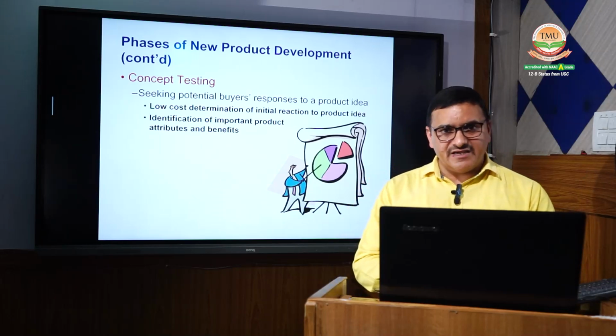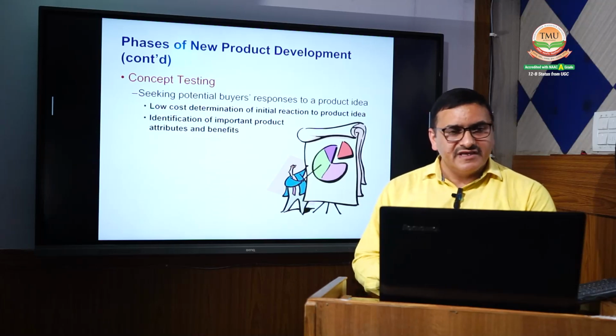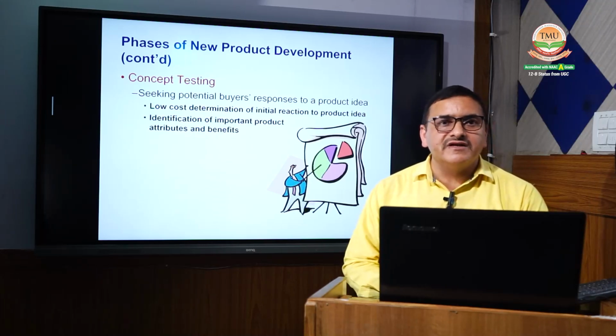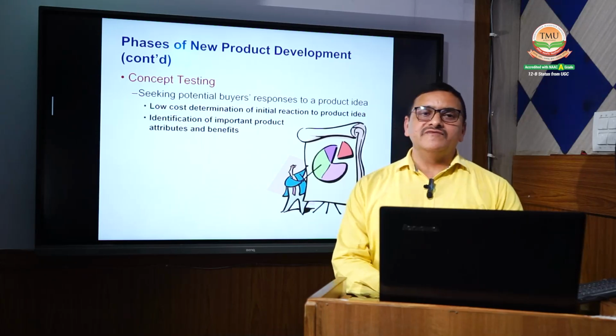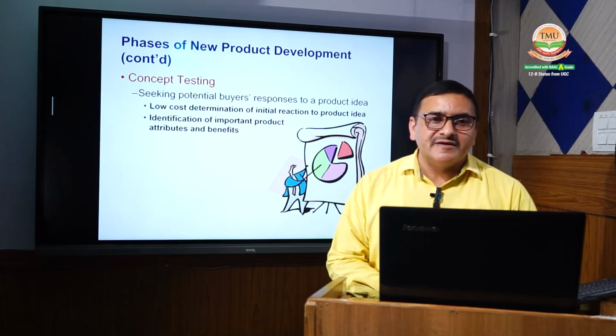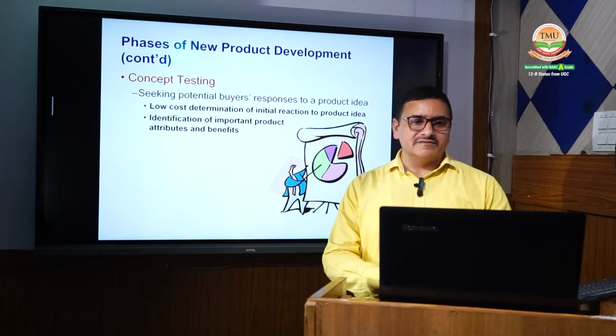So we have to take care of all the attributes and the related benefits which the product will be delivering, because if the product is not able to deliver the expected benefit to the customer, definitely it will not be able to become a successful product in the market for the long term.